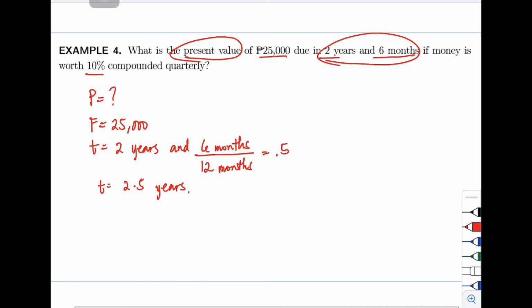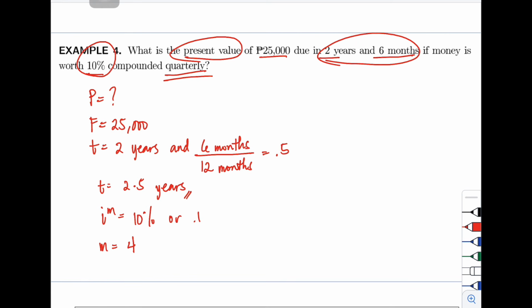Okay? So, ito yung gagamitin natin, guys. Then, meron tayong nominal rate, which is 10%. Or that is 0.1. Compounded quarterly. So, ilang quarter ba meron tayo in 1 year? Meron tayong 4. Tama?